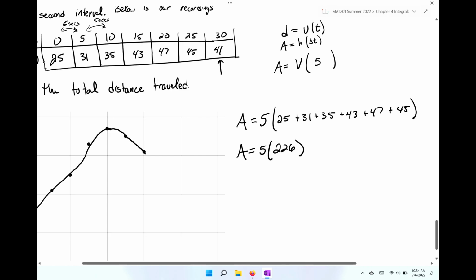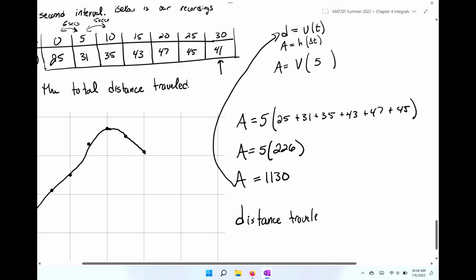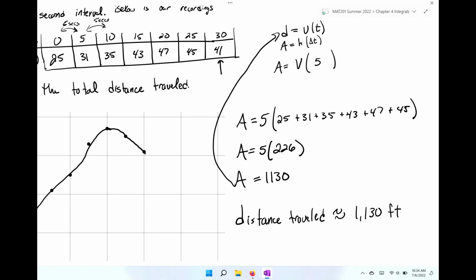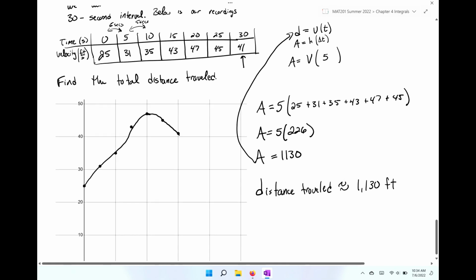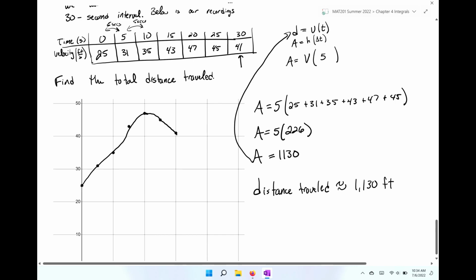And 5 times 226 is our area equals 1,130. However, we know this is an estimation of our distance. So the distance traveled is approximately 1,130 feet.